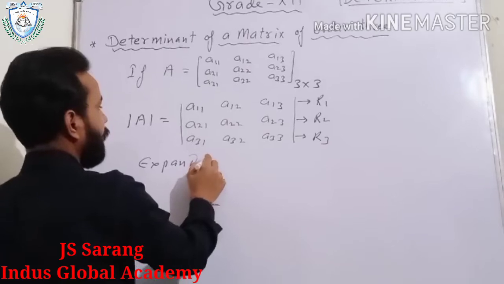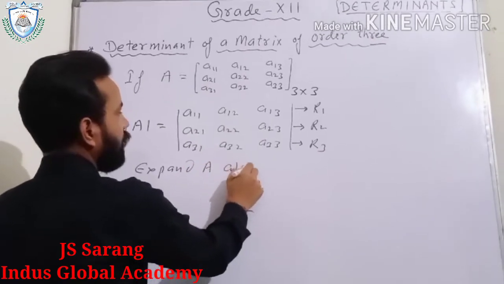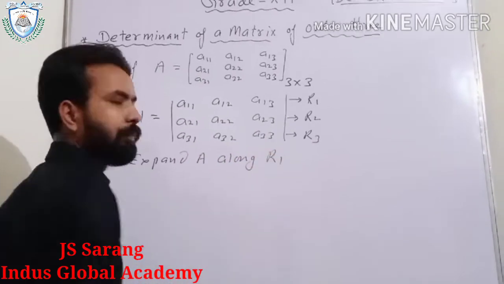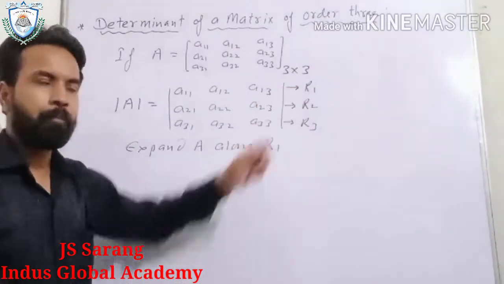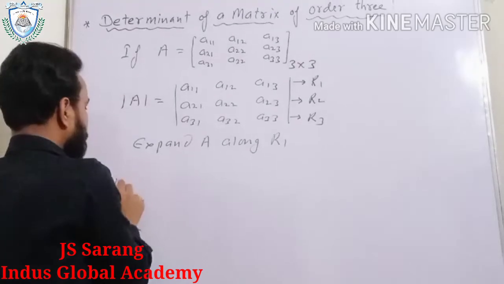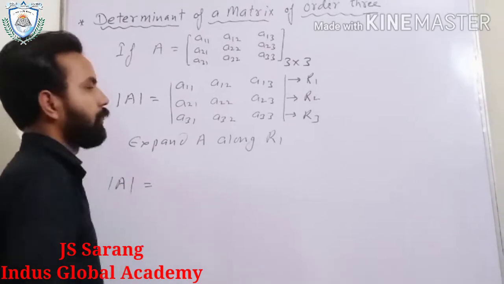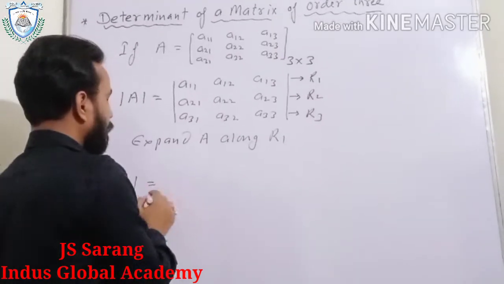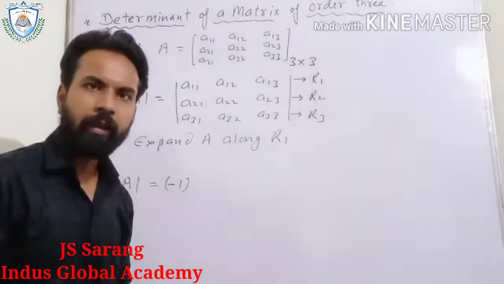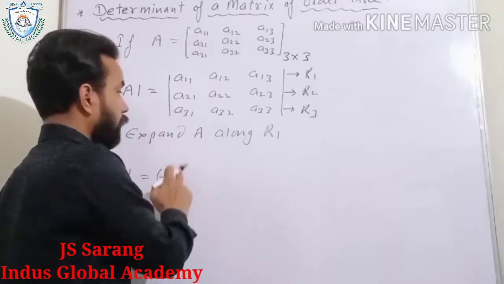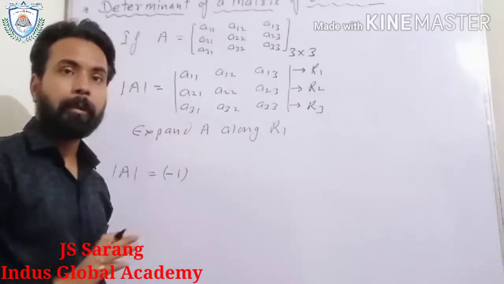Expand A along row 1. I am expanding this determinant along row 1, R1. So how can we find this? Determinant of A is equal to what? First we will have to write minus 1 to the power, what is the power of minus 1?